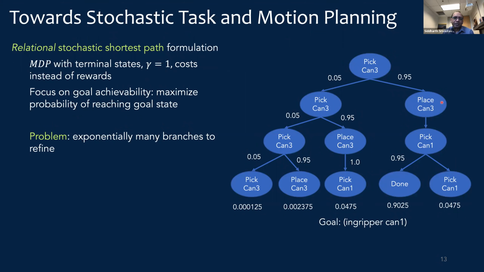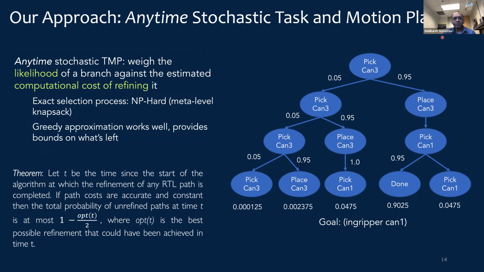And what we thought we could do instead of either completing the full policy or just taking the most likely outcome is to view this as a meta-level knapsack problem. So each execution outcome sequence here represents a particular real-world situation, right? And its probability is shown over here.